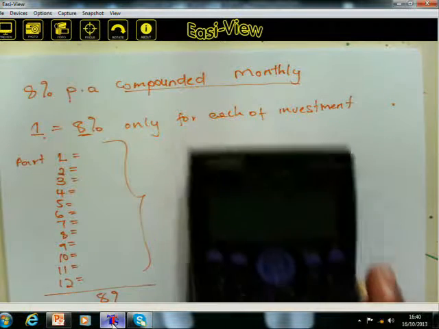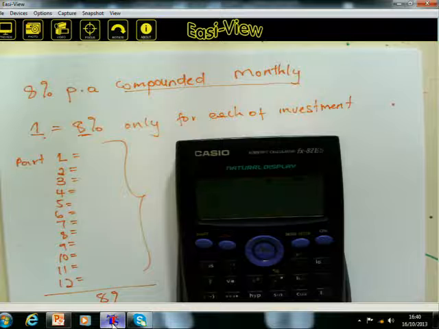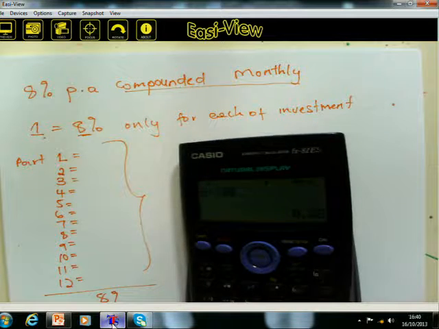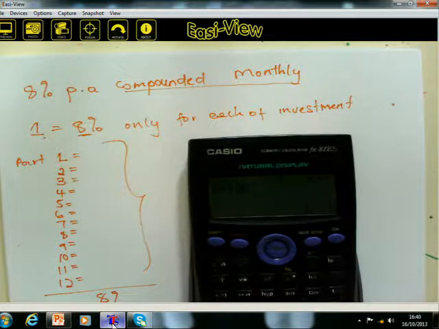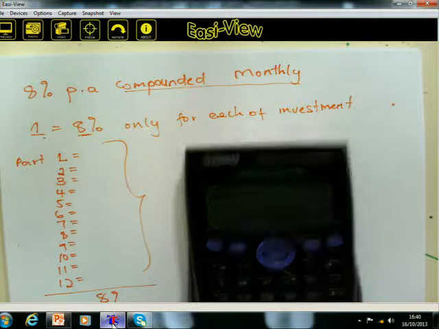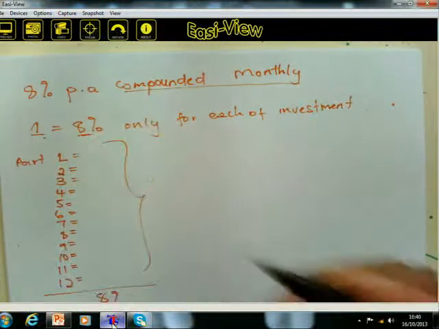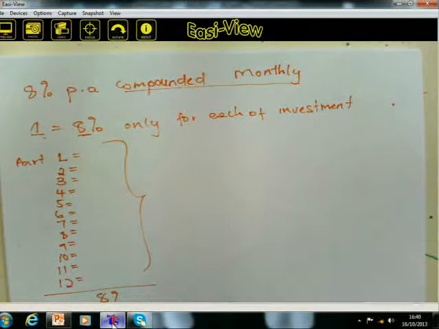So 8% is the same as 8 divided by 100, and then it's going to give us 0,08. That 0,08, you divide it by 12. When you divide it by 12, it means that each and every month, on the calculator it says 6,66667 multiplied by 10 to the power of negative 3.